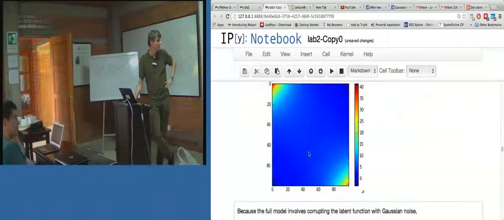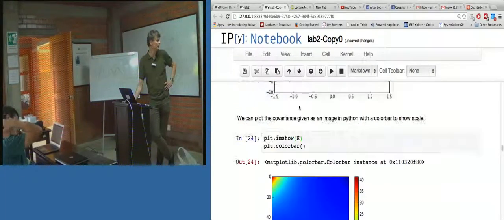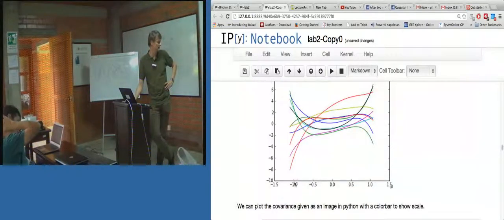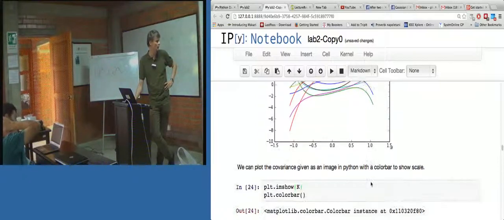Interesting. So notice this covariance function, actually all the detail in the center here is kind of lost, because as we get to -1 and 1, we start seeing large values, like 40. So sorry, I've sampled beyond that. X pred must be going a little bit beyond -1 and 1.